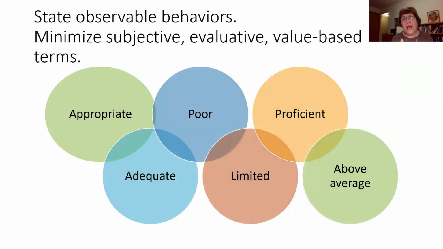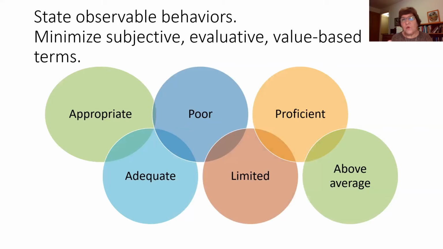Here was the next thing that rocked my world. All of those boxes should only state observable behaviors. They should not be using subjective terms, evaluative terms, value-based terms. All the words that I have here in these bubbles are words that you have to use judgment on, and they're therefore not clear.